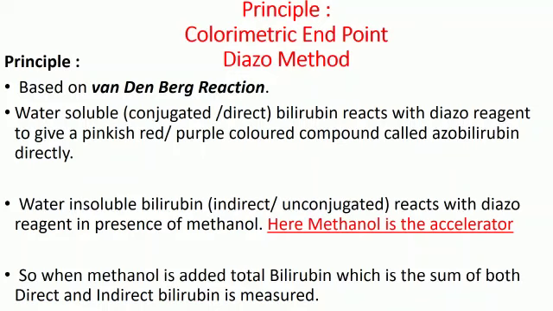So, to make it soluble, we have to add an accelerator, which can be methanol, ethanol, or caffeine. In the practical that you are going to perform, the accelerator is methanol, which will accelerate its reaction with diazo reagent. So when methanol is added, if there is raised indirect bilirubin, the color will further intensify and it will give total bilirubin.